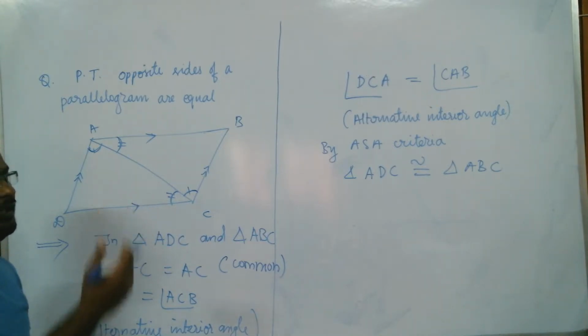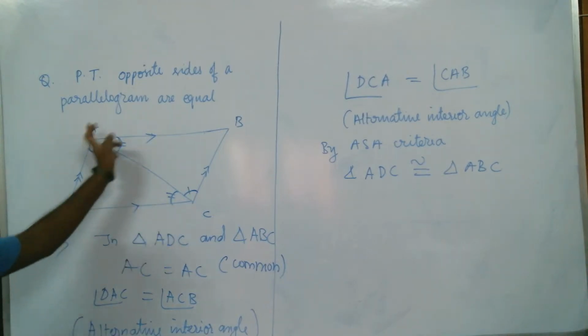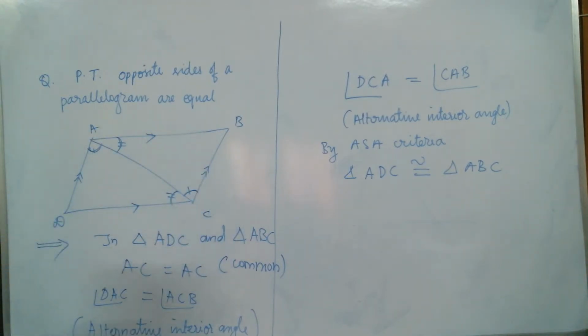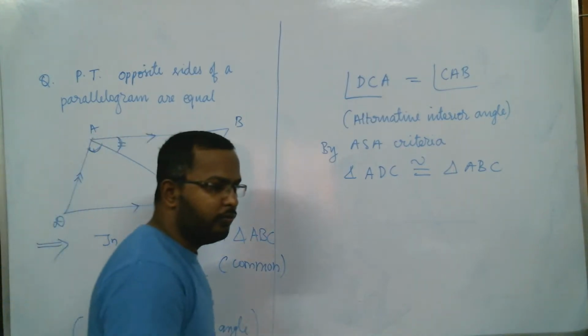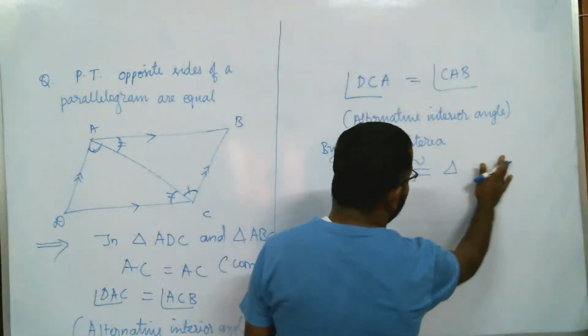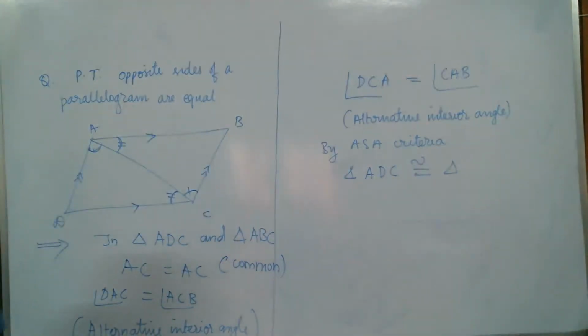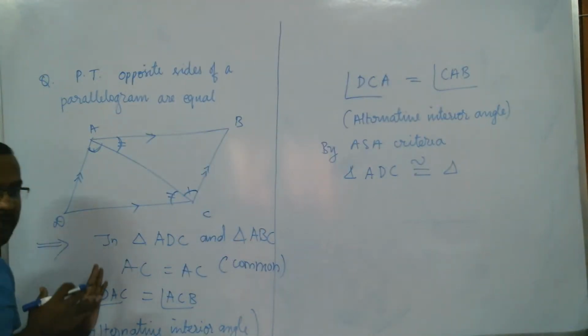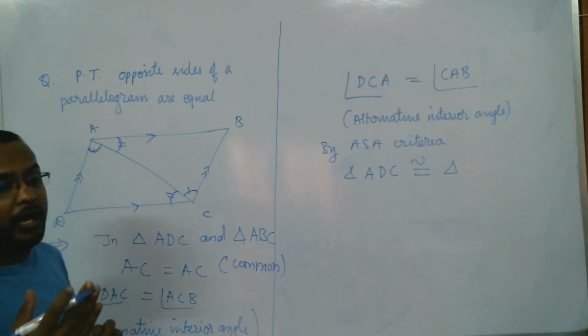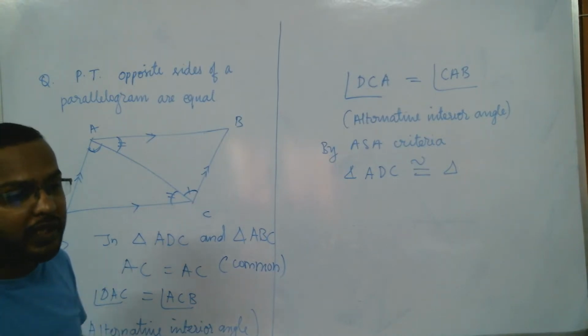Can I write like that? No, very good, one has written no. I cannot write like this. Why? Because if I write like that, the corresponding parts will not be equal.